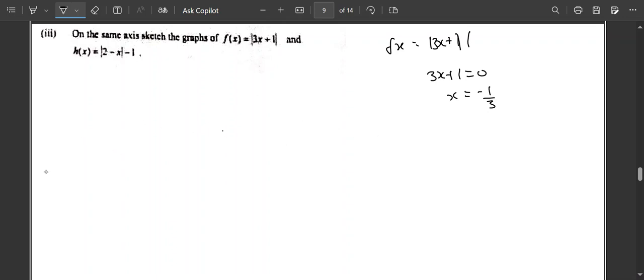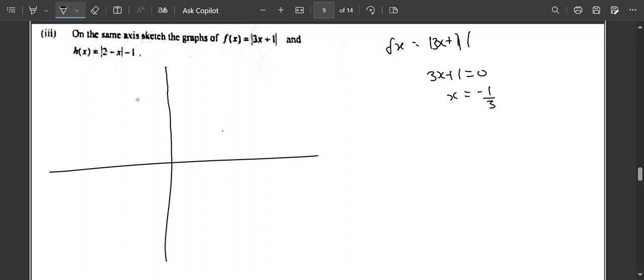So let me just write the graph. Okay. So this is 0. Then what I'll do is it's starting at negative 1 over 3. So it's 0 point something. So I'll just imagine to say it's here. So this is my negative 1 over 3. This is where it's supposed to start. So you bring the same equation here. You can test now a table of values.